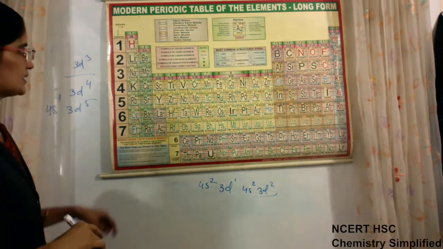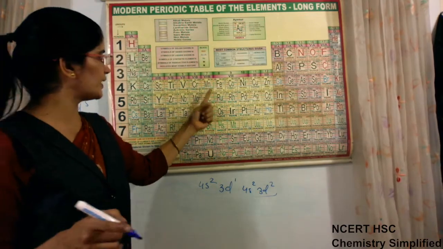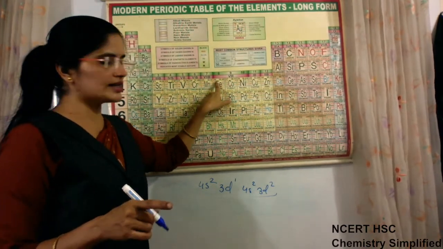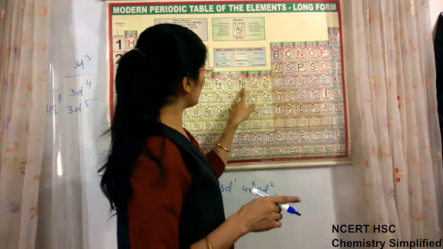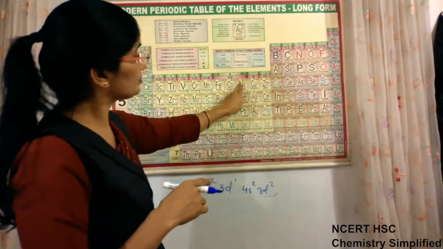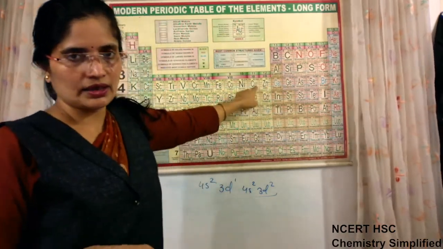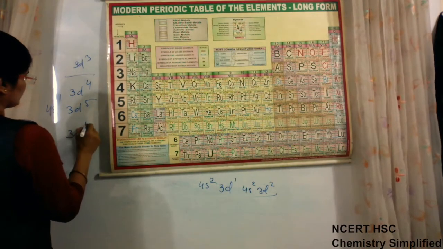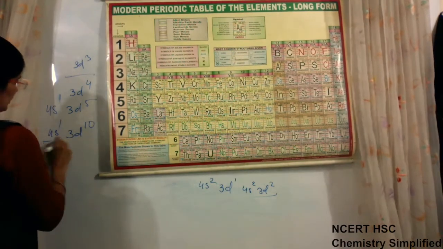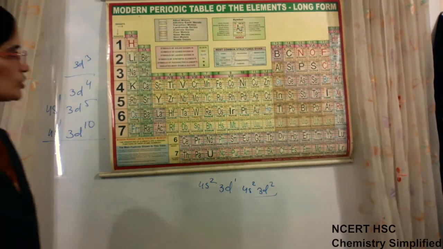Manganese is 25, so it is 3d5. Iron is 26, so it is 3d6. Cobalt is 3d7. Nickel is 3d8. Copper is 3d9, or you can say it is 3d10, 4s1. Okay, so this is the electronic configuration.